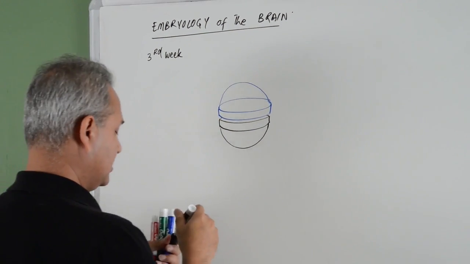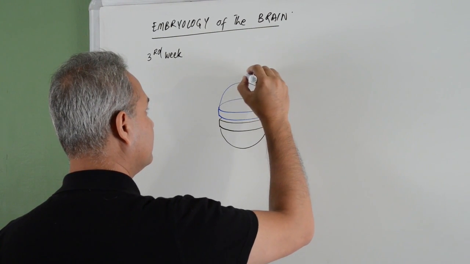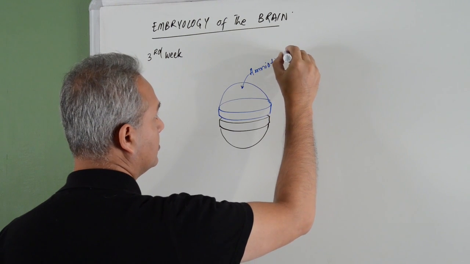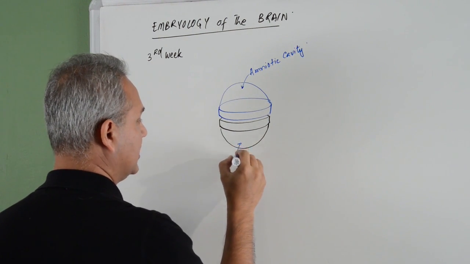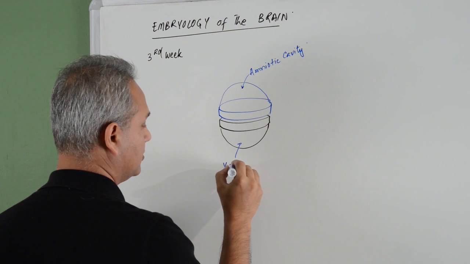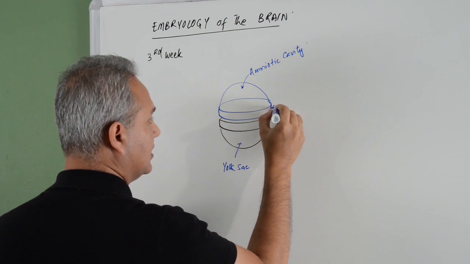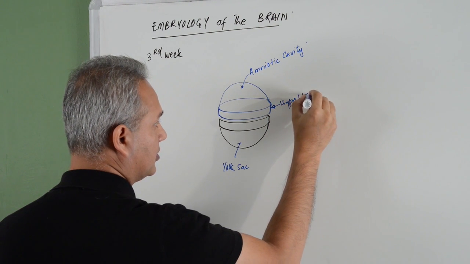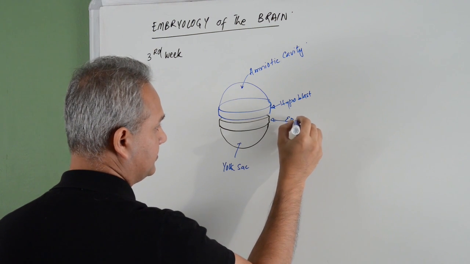In this structure, here is how these are named. This is the primitive amniotic cavity. This is the yolk sac. This is hypoblast, and this here is epiblast.